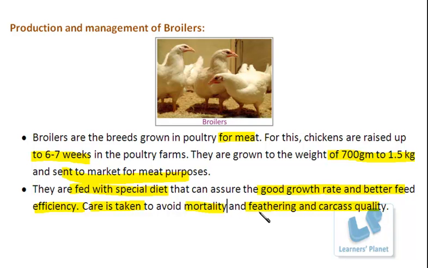Skin which is not having a lot of feathers is more preferable in such cases. Besides that, the carcass quality, that means the rotting of the dead organism, right, that quality also has to be managed in such type of organisms, that is the broilers.